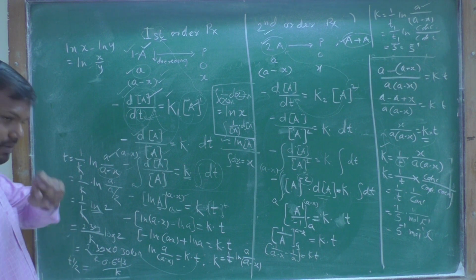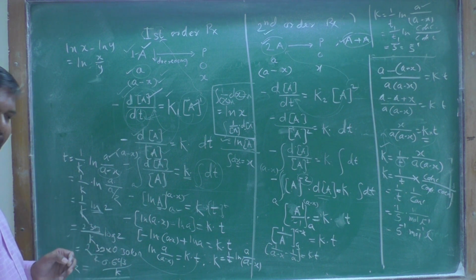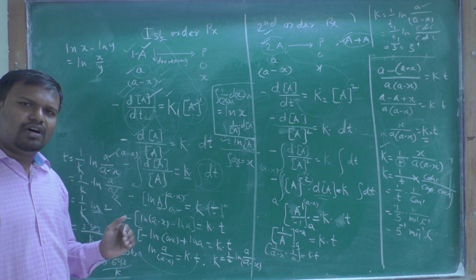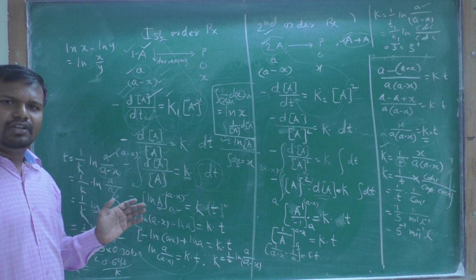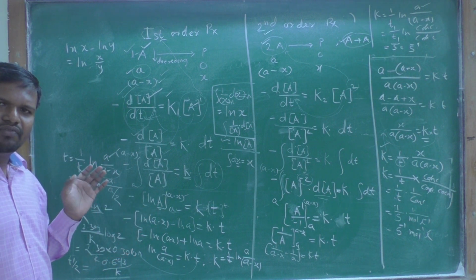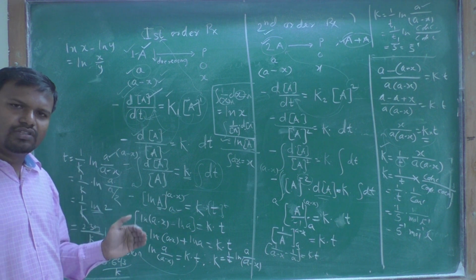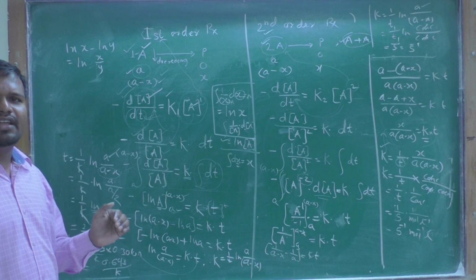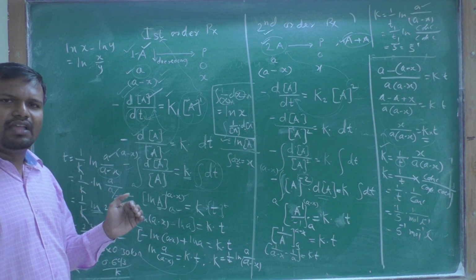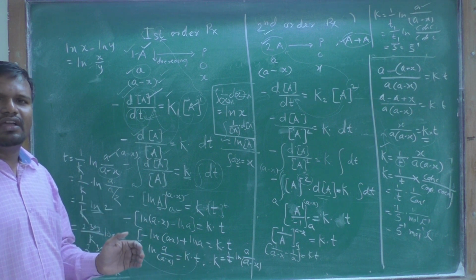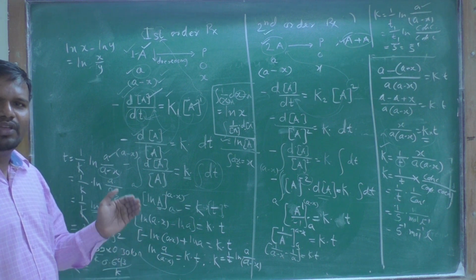Okay, remember that. What is the meaning of half life period? The time at which your initial concentration becomes half of the original. If the original concentration was a, therefore at the time t1 half, that is the half life period, your reactant concentration should be a by 2.